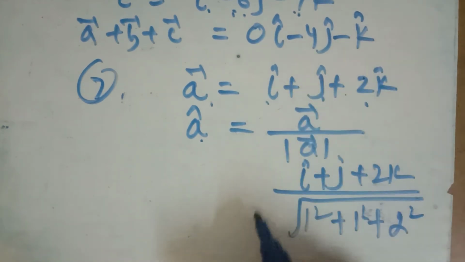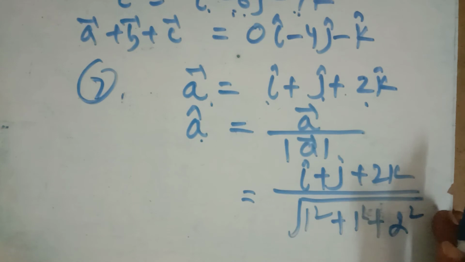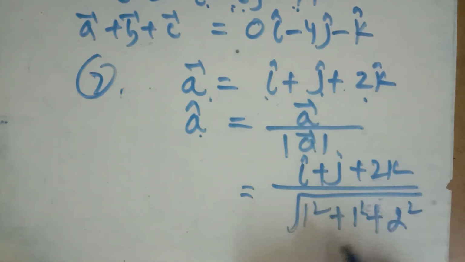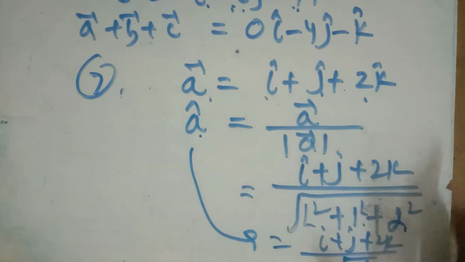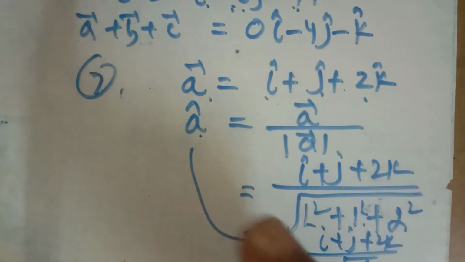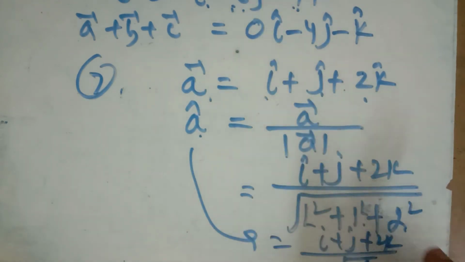This is A cap, the unit vector in the direction of vector A, which is vector A divided by its magnitude.